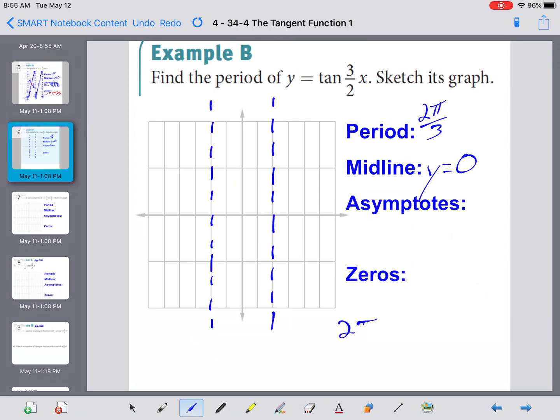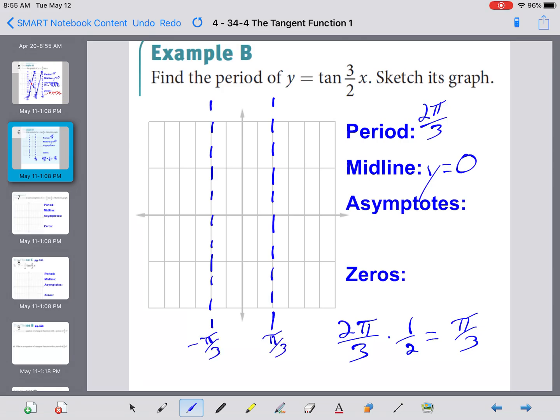First, you have to take 2 pi over 3 and figure out what half of that period is. If you ever need to do that mathematically, multiply it by a half. A half of the period then is just pi over 3. That's how far I need to take these asymptotes each direction, to the left and to the right. So to the right, this is positive pi over 3.